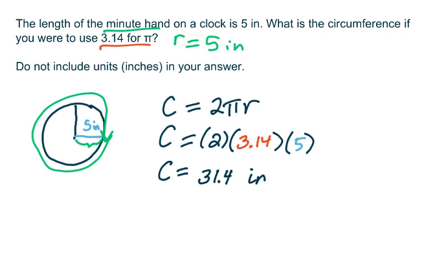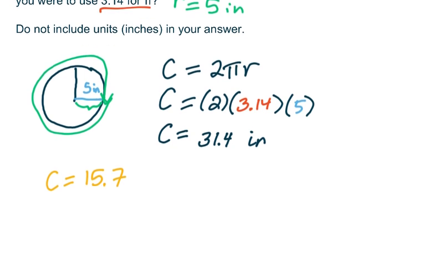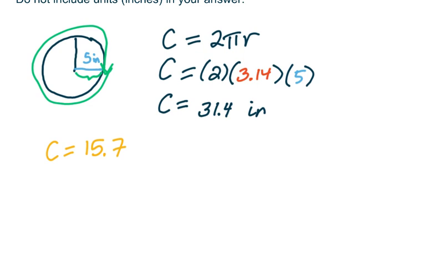If you chose the wrong answer and you said that the circumference is 15.7, then I think what happened is that you forgot to use the formula correctly. When you were using the formula, you did not do the multiply by 2 part.